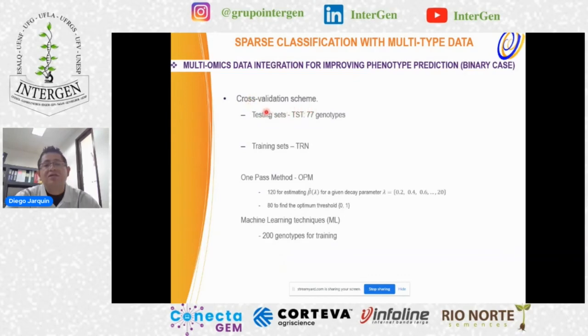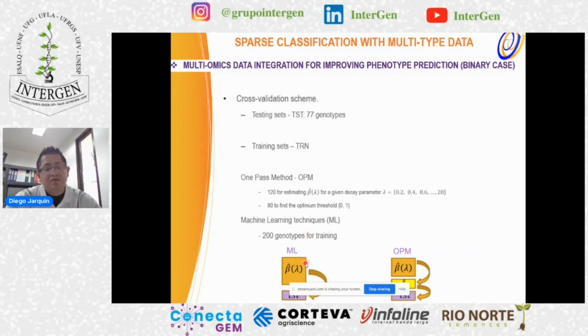We use 77 genotypes for testing the model, and for training, we have 200 genotypes. And we divide for the one-pass method in this way: we have 120 to estimate the coefficients, and 80 to estimate the threshold. And finally, we use this to classify the outcome that we're interested in.